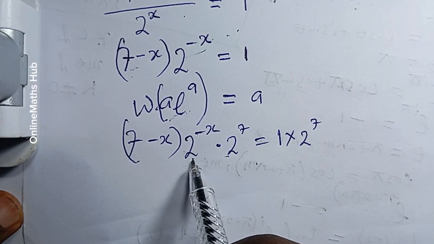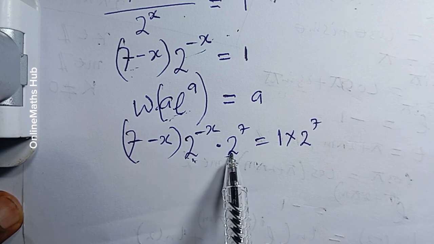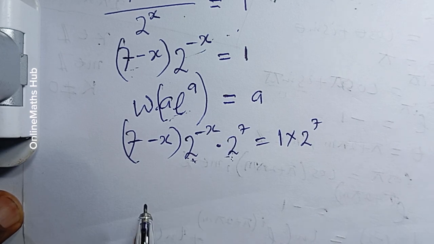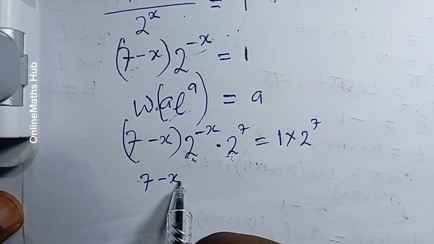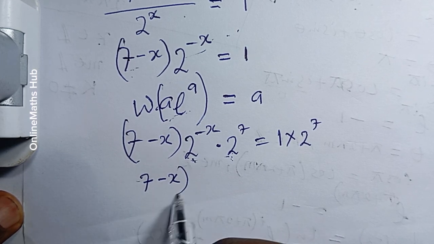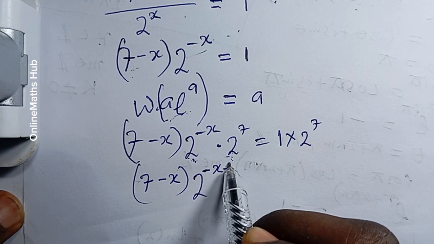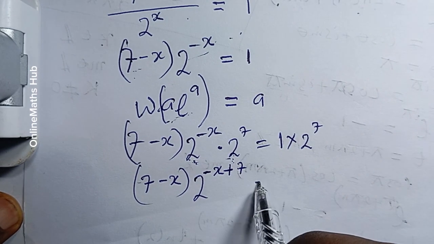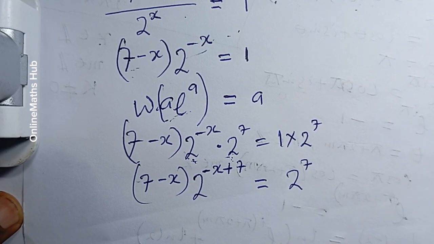So I'm going to apply the rule of indices right here. Since they have the same base, I'm going to pick one and then add the powers. So I'm going to have 7 minus x, and then 2 power negative x plus 7 is equal to 1 times 2 power 7, which is the same as 2 power 7.